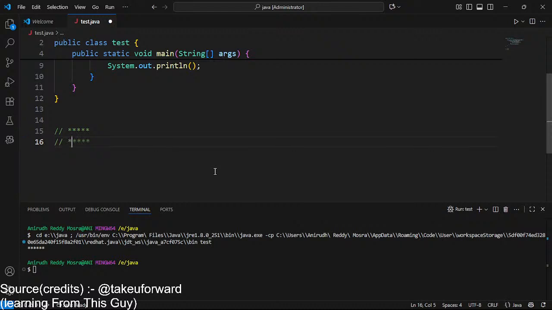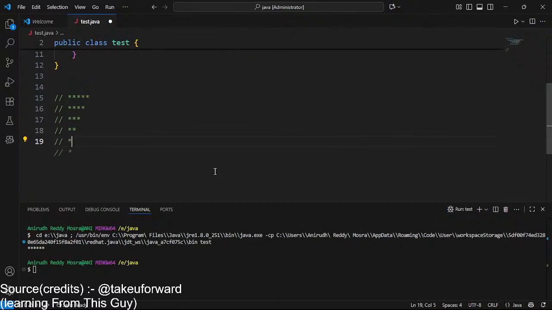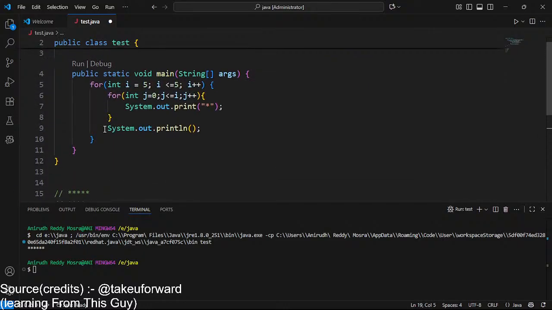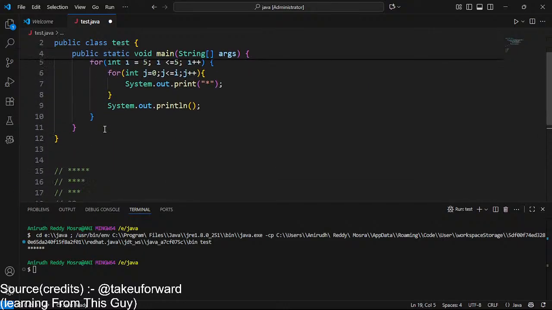Right. So you need to print this thing. The first thing will be five iterations.